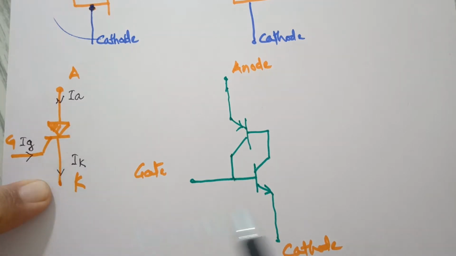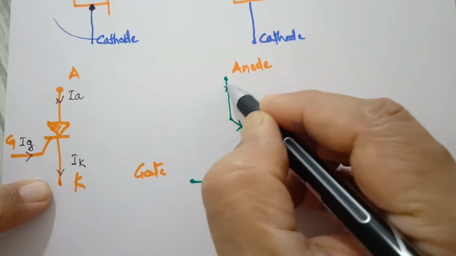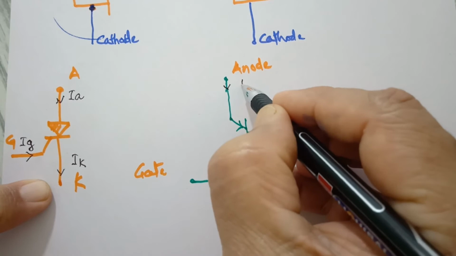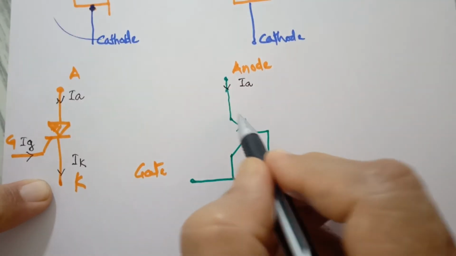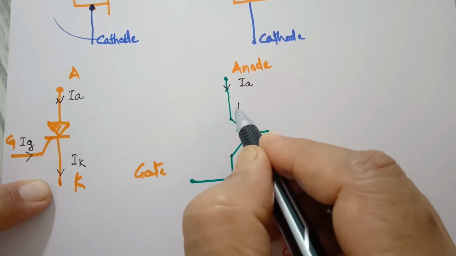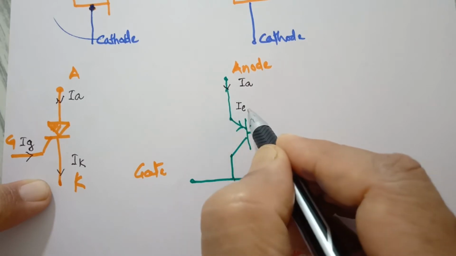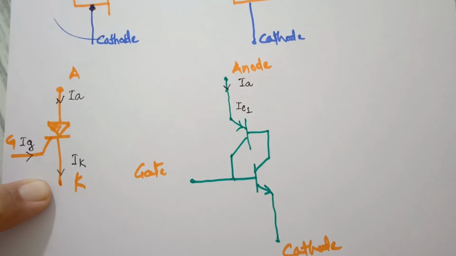Now if you look inside the SCR, externally this is the anode current, but internally this is nothing but the emitter current for transistor 1.